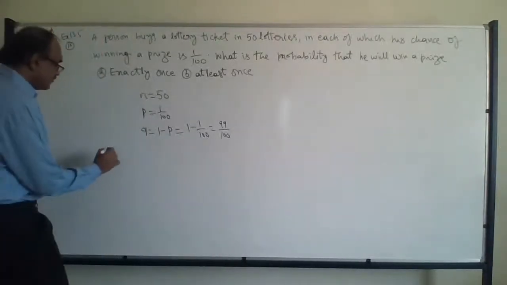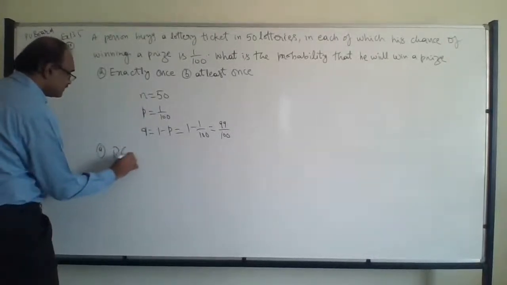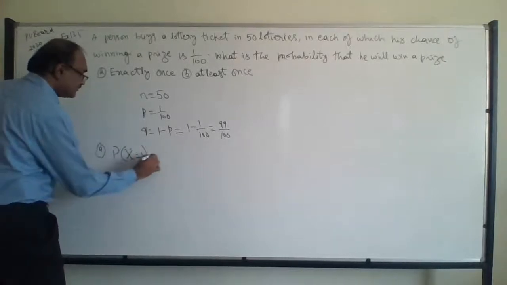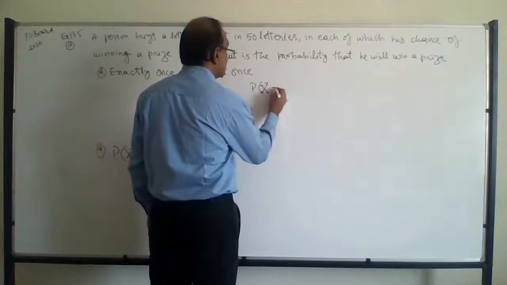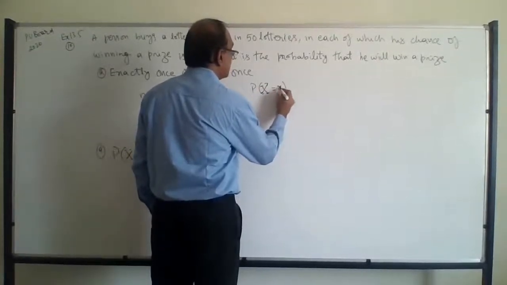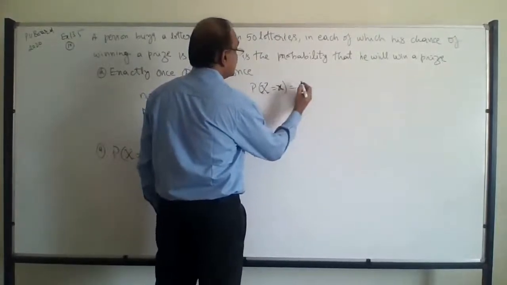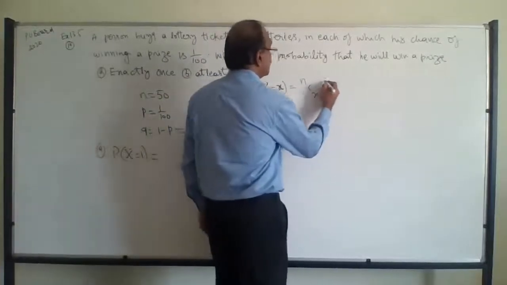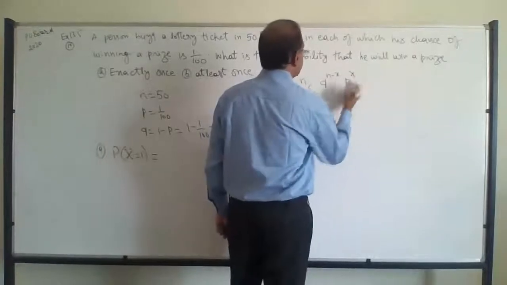Exactly once means probability of x equals 1. Please write this formula, at least you will get 1 mark for writing the formula correctly. Probability of X equals x is nCx q to the power n minus x p to the power x.